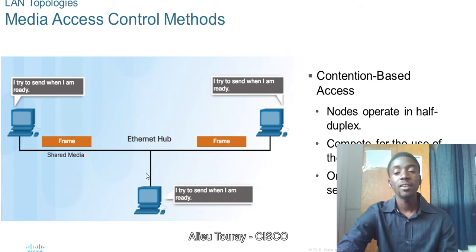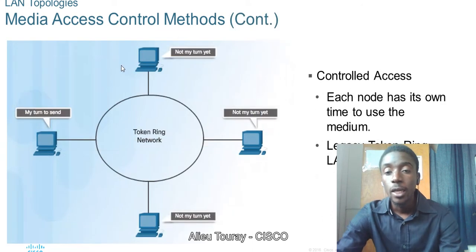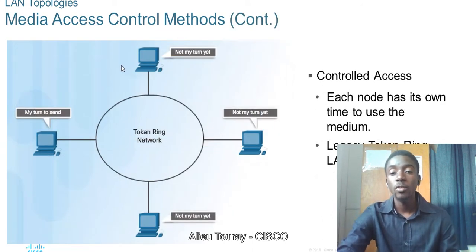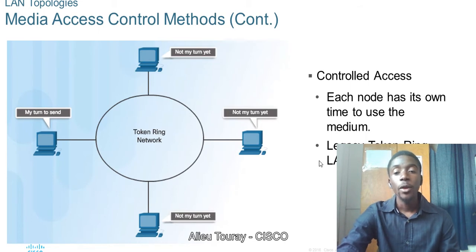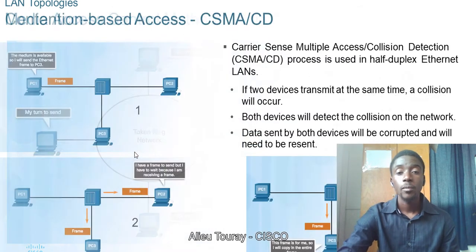Only one device can send at a time, and all of them will be ready to send at the same time, but they will have to wait. Next is the controlled access. So each node has its own time to use the medium, and we have legacy token ring LANs as an example. So with controlled access, it is more important and more advantageous than contention-based.